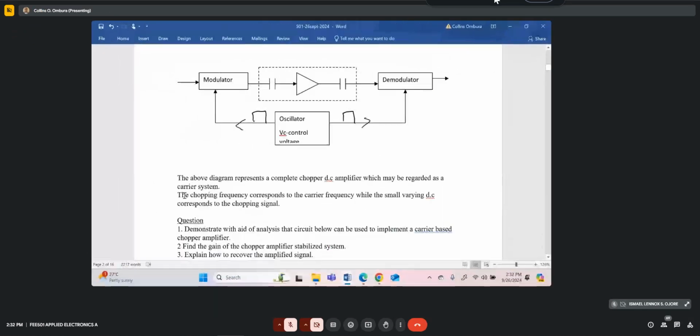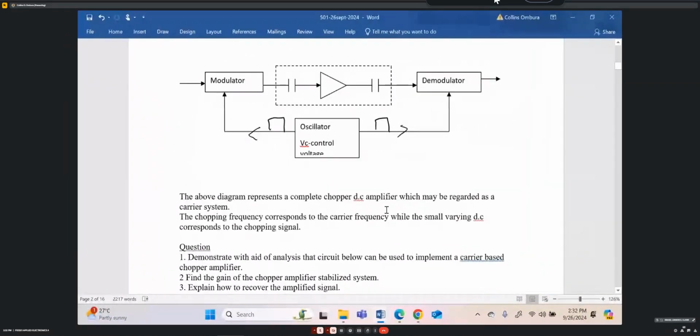Okay, so this may be regarded as a carrier system where the chopping frequency corresponds to the carrier frequency, while the small varying DC corresponds to, I've made a mistake here, I edited this and opened another of my notes, corresponds to the information signal.